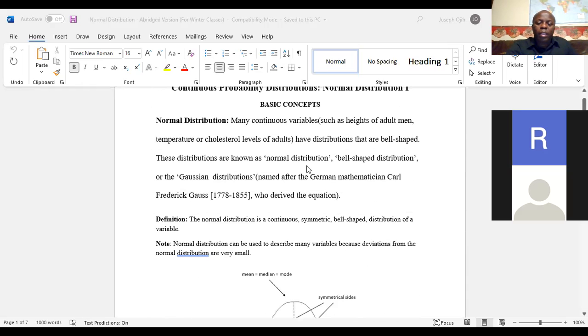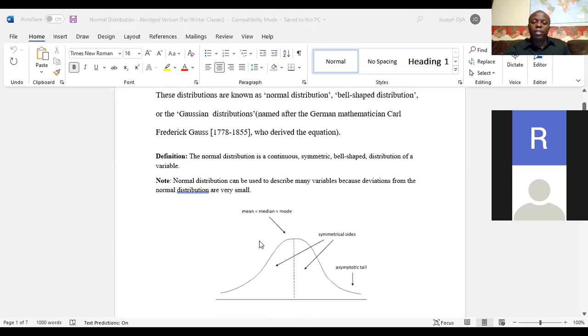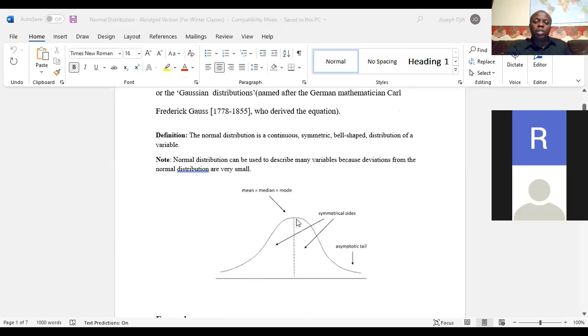Why? If you take the heights of adult men in, let's say, 6 men and plot the histogram, it will not give you a smooth curve like this. But if you take the height of all the adult students, all the grown students, boys in Baltimore City Community College, all of them, and then plot their graph, so long as the size is large, or even men and females, so long as they are adults, it will give you a smooth curve like this.